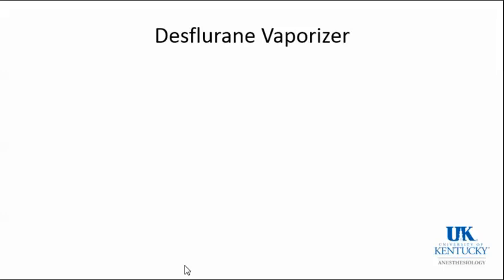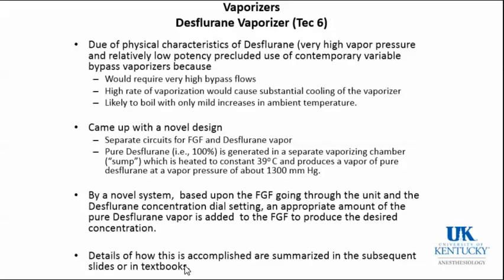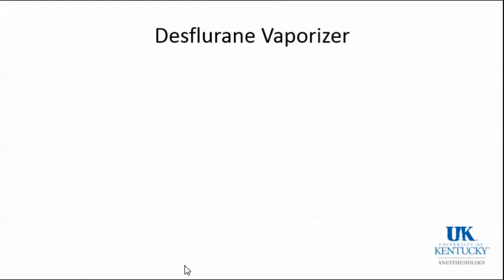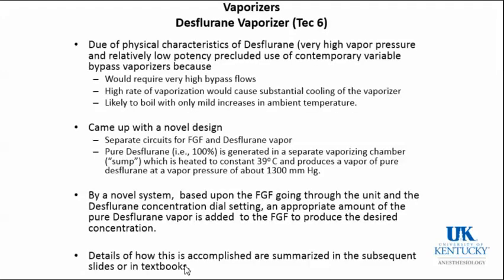Now, desflurane is problematic because, as we mentioned, it has a very high vapor pressure, and you couldn't use these traditional vaporizers because it would vaporize so much that you'd have to have huge fresh gas flows, number one, and number two, because there's so much vaporization going on, it causes a tremendous fall in temperature due to the heat used in vaporization.